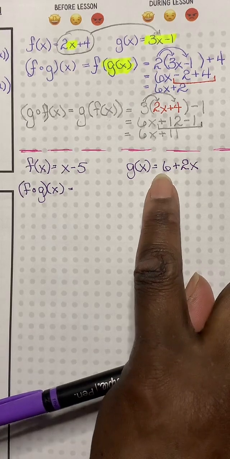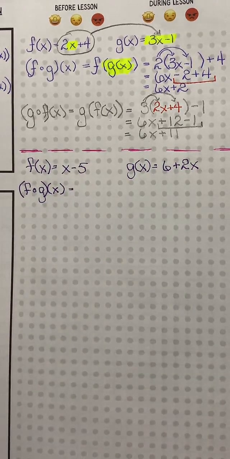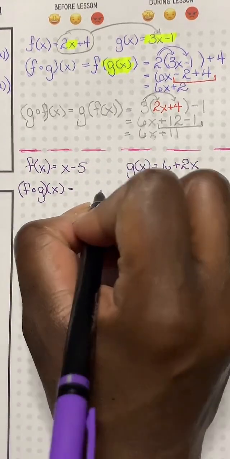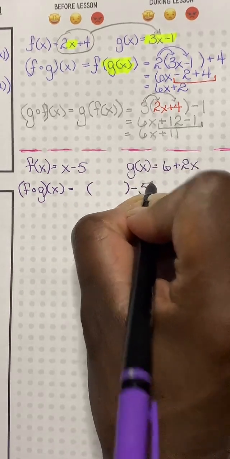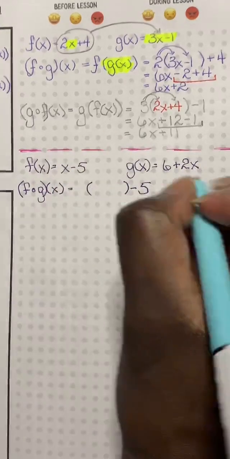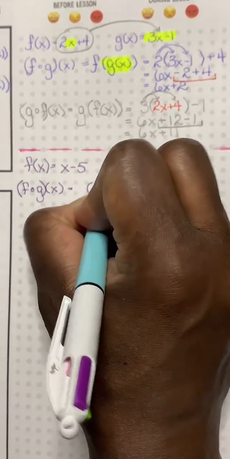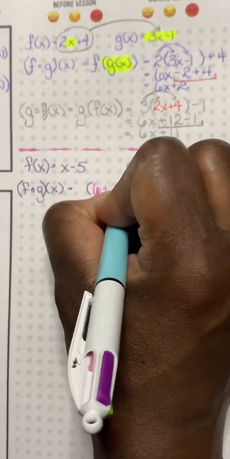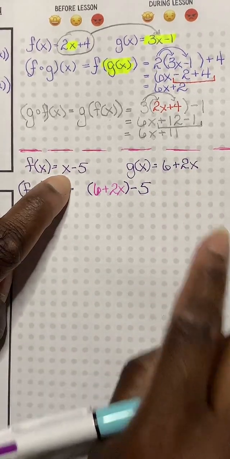So if I have my 6 plus 2x and it's going in for the x, that means we're looking at parenthesis minus 5. And inside that parenthesis is going to be our 6 plus 2x. So this expression went in for the x in that equation.